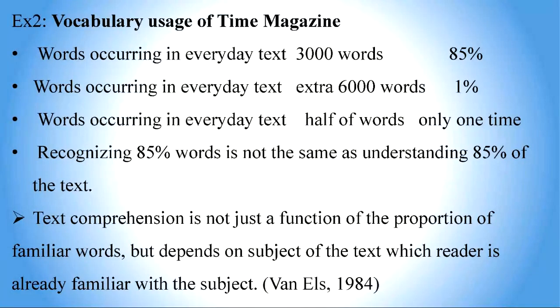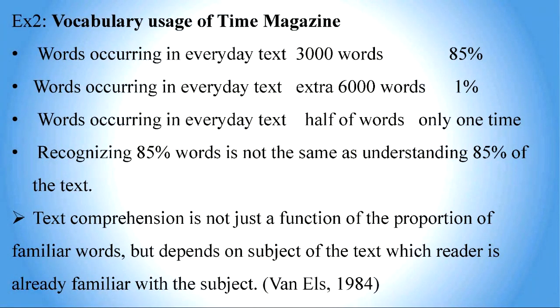If we think about another example of vocabulary usage, Time magazine: words that occur in everyday text, 3,000 words, 85%. Extra 6,000 words, 100%. Half of the words occur only one time.